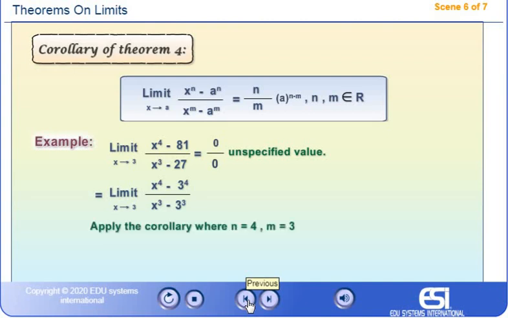Apply the corollary of theorem 4, where n equals 4 and m equals 3. The answer equals 4/3 times 3 power 4 minus 3 equals 4/3 times 3 equals 4.